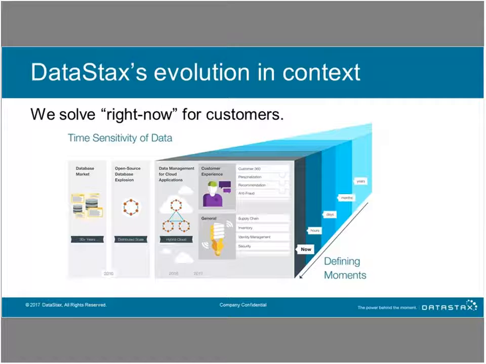That's where you can think of era 1 that I described early in the presentation. DataStax set out to make that project successful. We achieved that in era 1. In era 2, we set out to make the community successful. We achieved that. Now, on the right side of the graphic, the bigger square, it's about focusing on you, the customers, and making you successful.